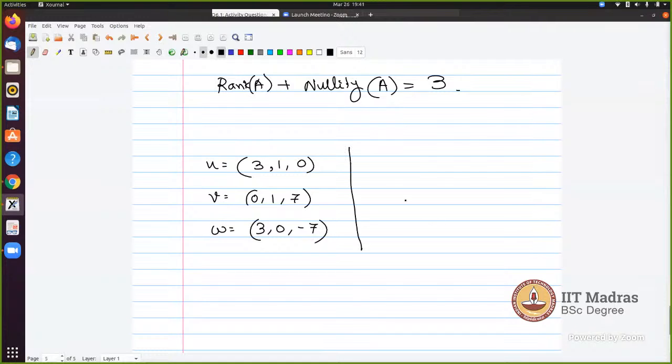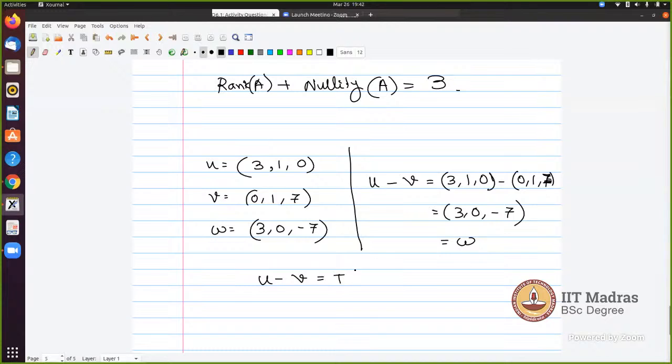If we take U minus V, what do we get? 3, 0, minus 7. So this is W, right? So U minus V is basically W.